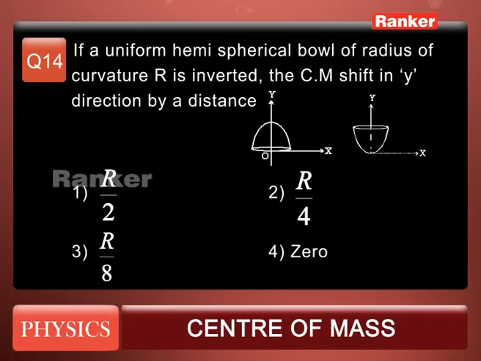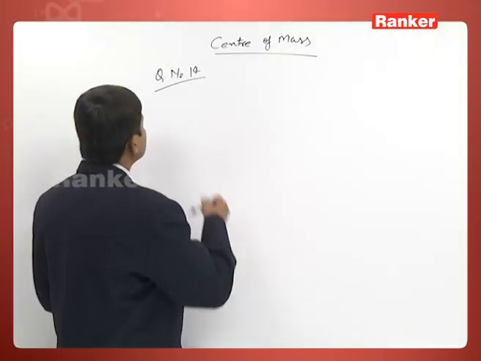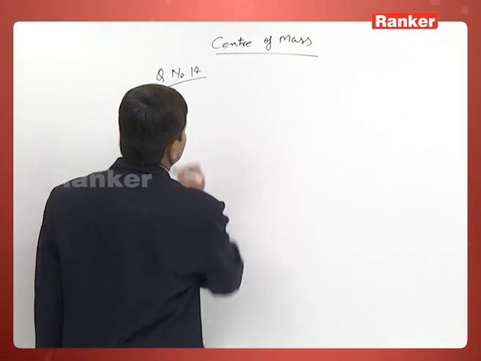Question number 14. The question is: if a uniform hemispherical bowl of radius of curvature R is inverted, the center of mass shifts in y direction by a distance: first option R by 2, second option R by 4, third option R by 8, and fourth option 0. It means a question is given like this.